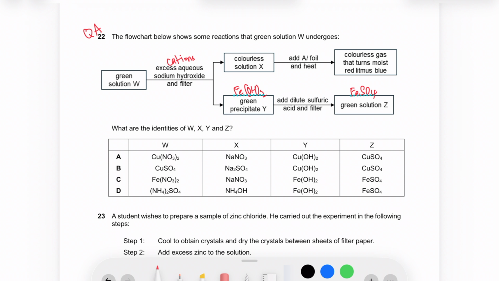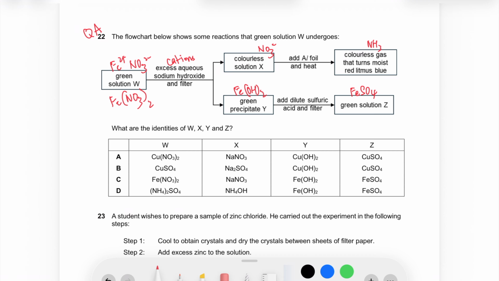Then aluminum foil and heat is to test for nitrate ions. You have ammonia gas produced, so solution X contains nitrates. Since there's no nitrate elsewhere, the nitrate came from here. Because there's iron 2, it's green, so this will be iron 2 nitrate.